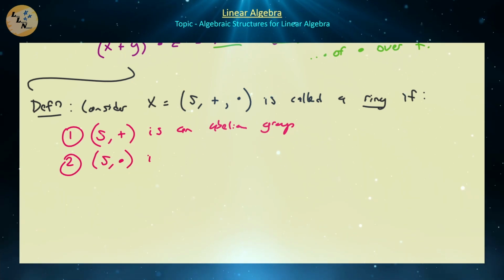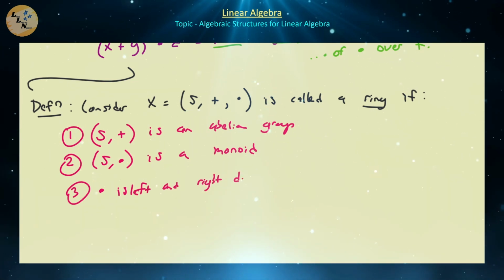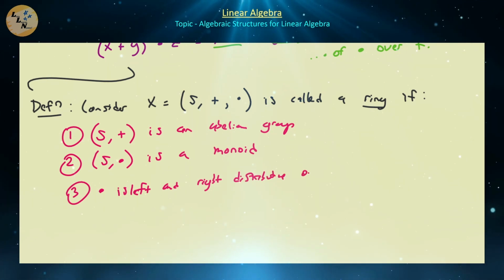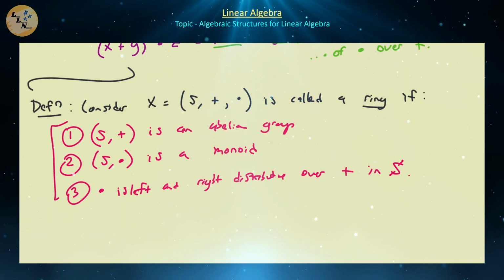S star is a monoid, and 3. times is left and right distributive over plus in the set S. That is, multiplication is left and right distributive over addition for that set S. So if S plus is an abelian group, S star is a monoid, and times and plus interact in this distributive way, then we say that this structure, S plus star, is a ring.